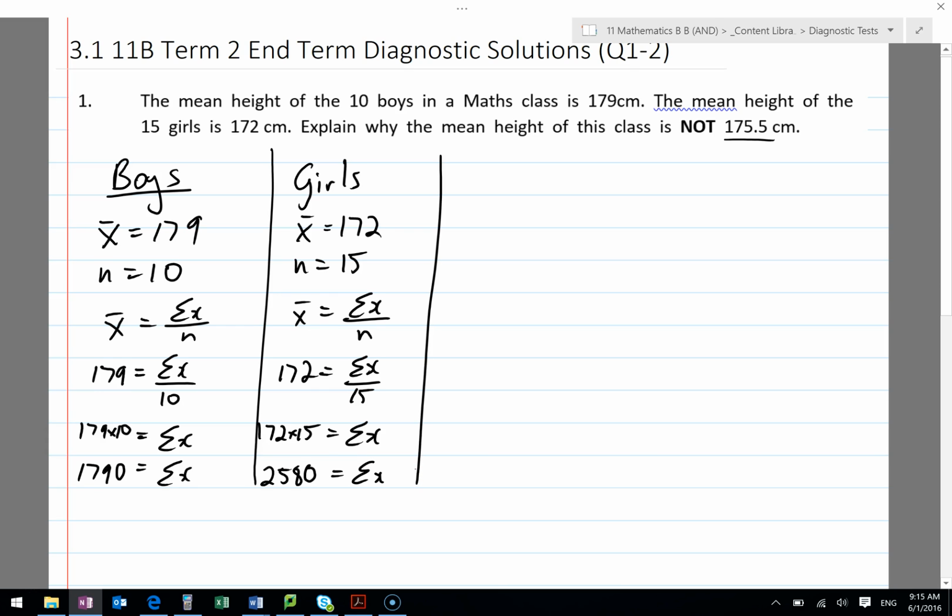So if I want to look at the whole class, I know that there are 25 students, and I know that the sum of all of the heights is whatever the boys plus girls sums are, so 1,790 plus 2,580.